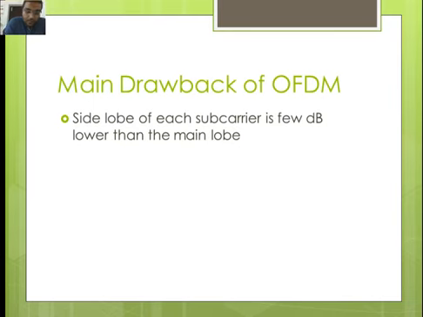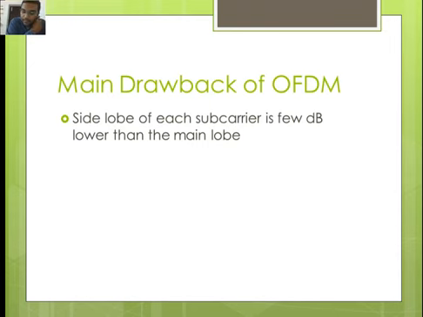Basically, the main drawback or the main problem in OFDM comes from the side lobes of each subcarrier. Here, the side lobes of each subcarrier are only a few dBs lower than the main lobe. This frequency response is created by the filters associated with the synthesized subcarrier signals at the transmitter and the analyzed subcarrier signals at the receiver.